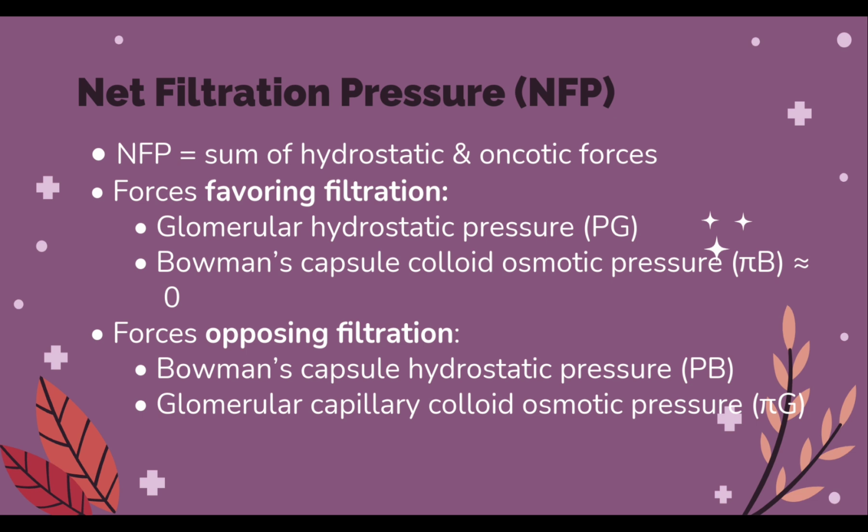What are the forces favoring filtration? They are the glomerular hydrostatic pressure and the Bowman's capsule colloid osmotic pressure. Usually we take Bowman's capsule colloid osmotic pressure as 0. What are the forces opposing filtration? They are the Bowman's capsule hydrostatic pressure and the glomerular capillary colloid osmotic pressure.